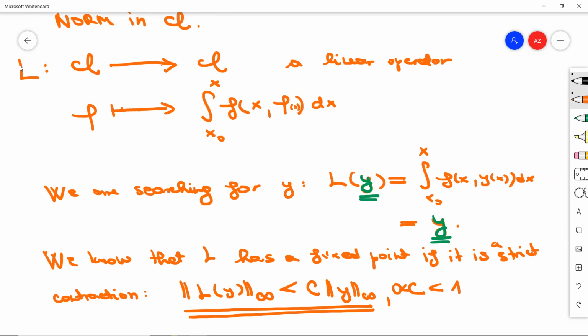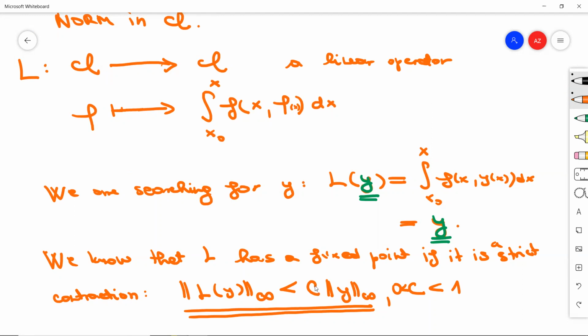So we have a linear operator L. If it has a fixed point y, then it is the solution of our DE. And the theorem says that such an operator on a normed space has a fixed point if it is a strict contraction, meaning that it takes some function, and the supremum norm of the mapped function should be smaller than the supremum norm of the initial function. And this C is a contraction constant.